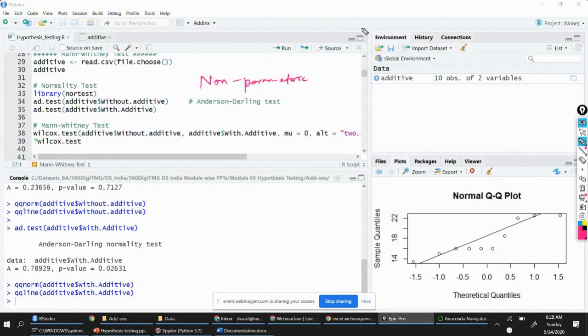Non-parametric test cases basically are saying that do not use mean because the data is not normal. So in the non-normal test cases, in this test case, we call it as Mann-Whitney test case.